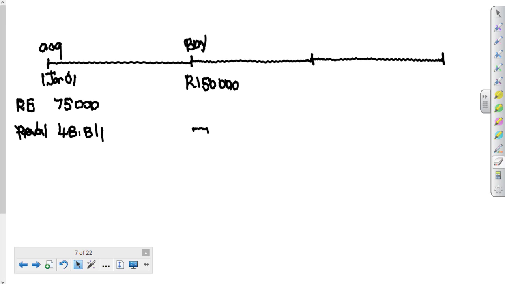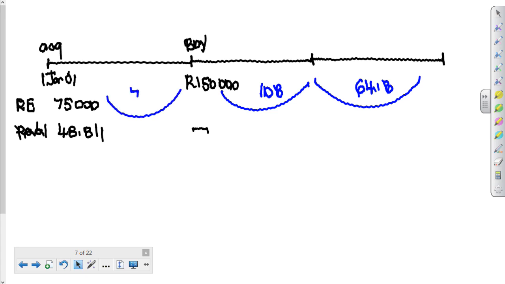And then our two bounces in the current year are a 108 and a 64.8. Okay. This bounce is a 75.